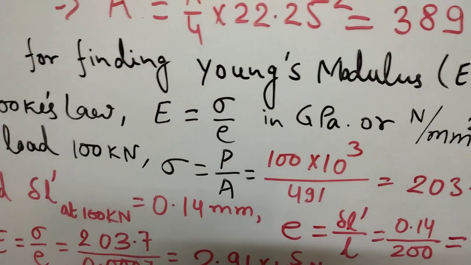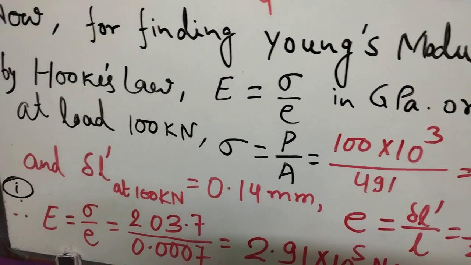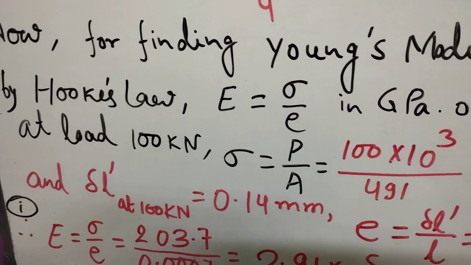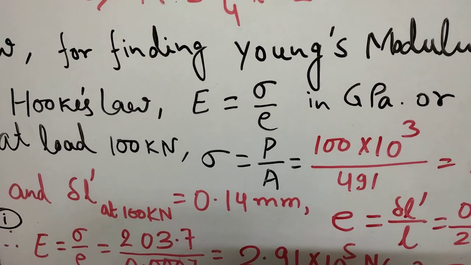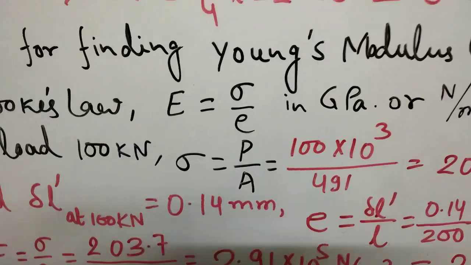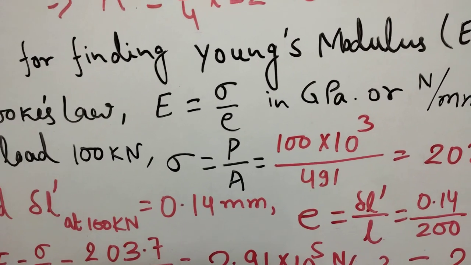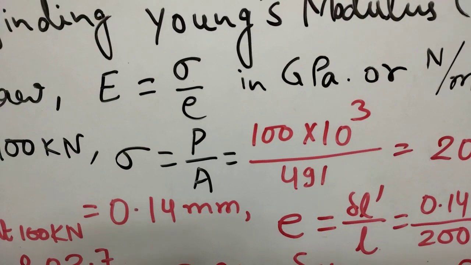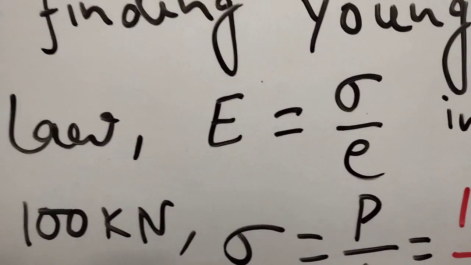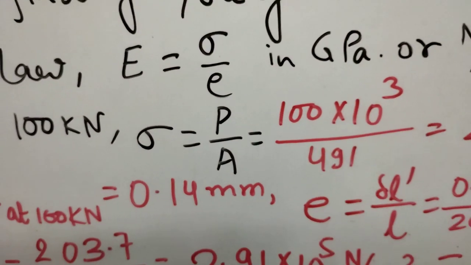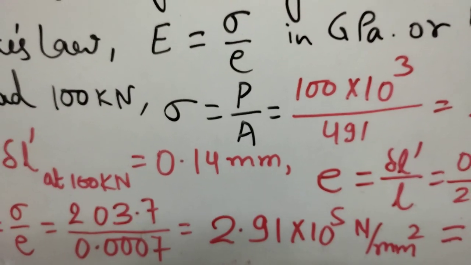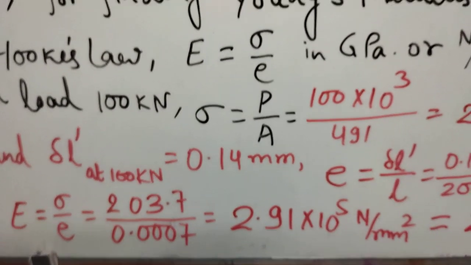Now first find the stress at the load of 100 kilonewton, which is the proportional limit load. It is applied for calculating the modulus of elasticity, and we know that stress is load divided by area.